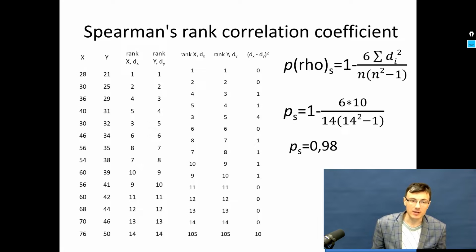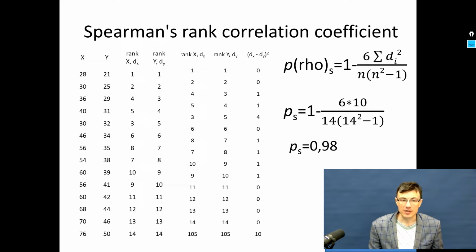So here are our ranks or parameters of x and y, and then we calculate our Spearman rank correlation. In this table you can see it in detail later, for more time to pore over it and to investigate it.